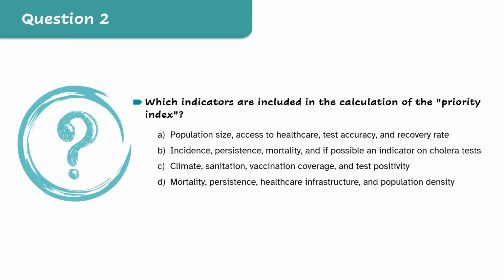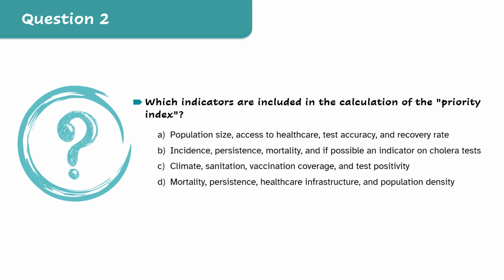Question 2. Which indicators are included in the calculation of the priority index? A. Population size, access to healthcare, test accuracy, and recovery rate. B. Incidence, persistence, mortality, and if possible, an indicator on cholera tests. C. Climate, sanitation, vaccination coverage, and test positivity.